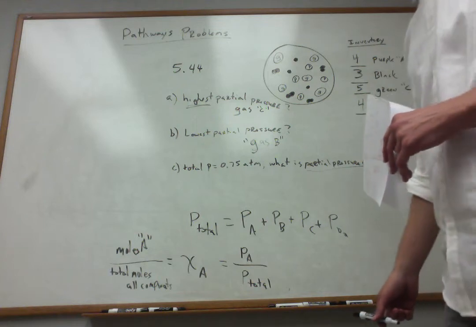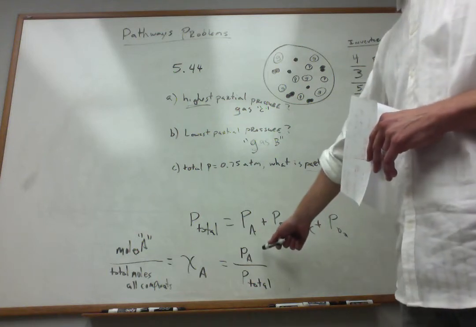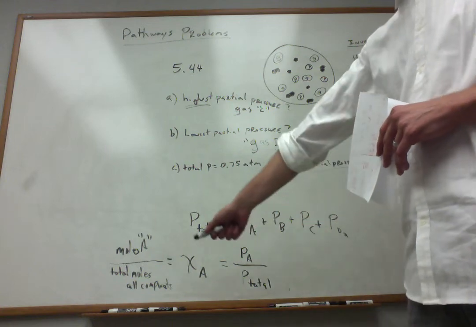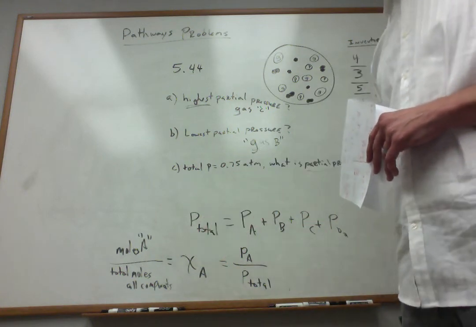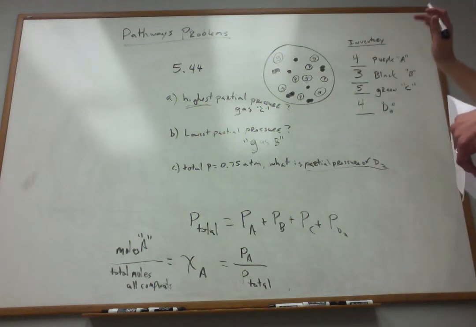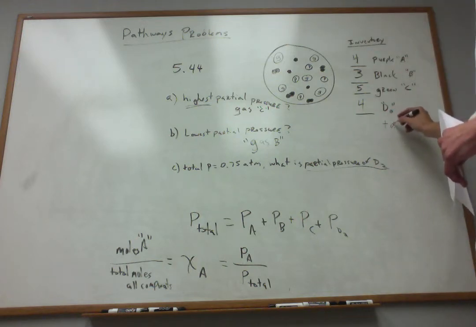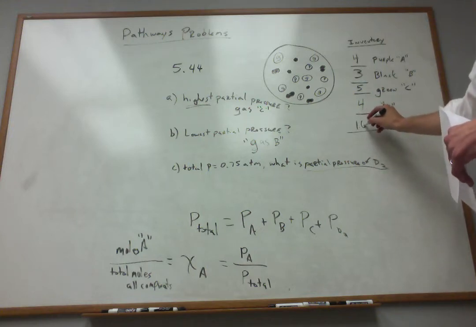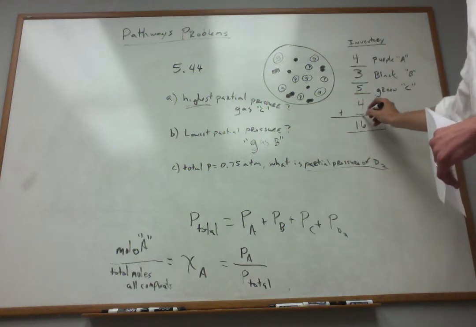Remember earlier I said that the partial pressure of any one particular gas, in reference to the total, jives with the mole fraction, right? Or is equivalent to the mole fraction. So if I count the total number of particles in my container, I just have to add up everything above.